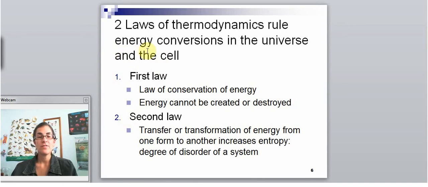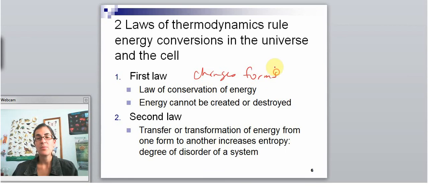So these energy conversions that I was talking about with the diver must follow certain laws of the universe, and these are called the laws of thermodynamics. The first law says that energy is never created or destroyed. It changes form.